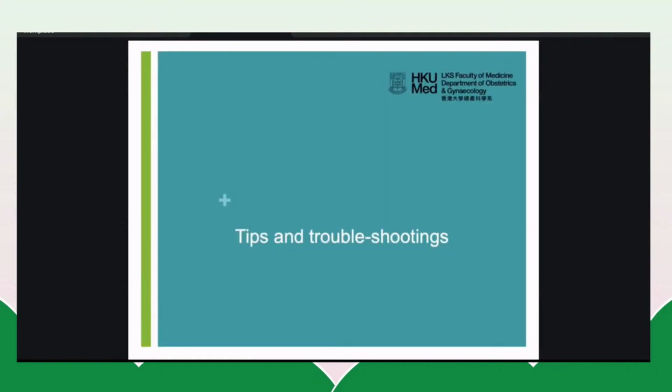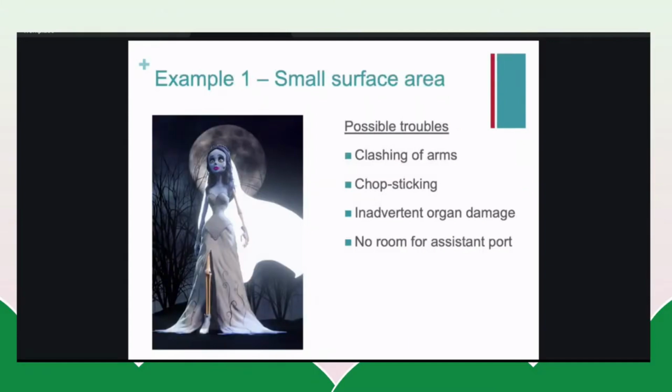So how can we deal with the troubles? Here I give you some examples as an illustration. First, small surface areas. It's not uncommon that Asian women will have small surface areas in the abdomen.